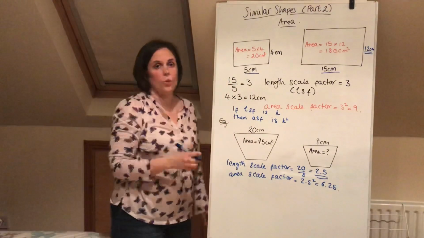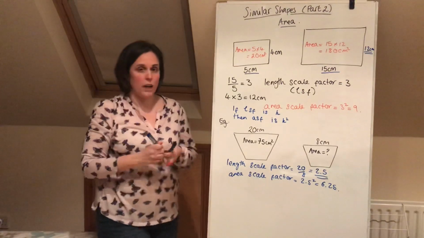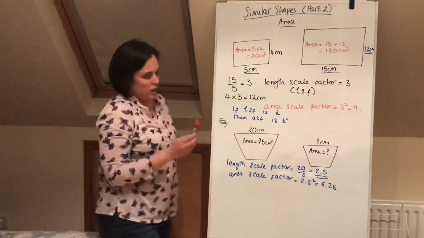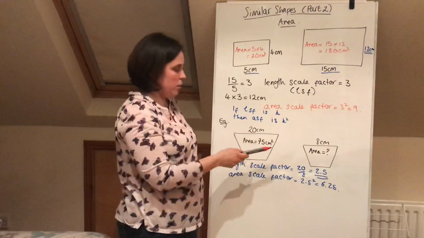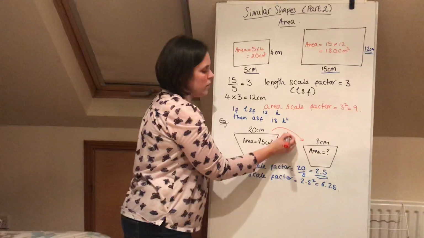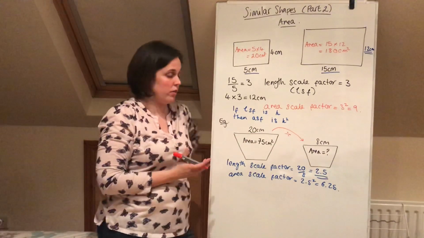So that is your area scale factor. And then all you need to do is you need to work out, well, are you going from big to small or small to big? Okay. Now in this instance, we are actually going from big to small. And remember, if you're working from big to small, you divide. Okay, just the same as when you're finding missing lengths, it's no different for areas.